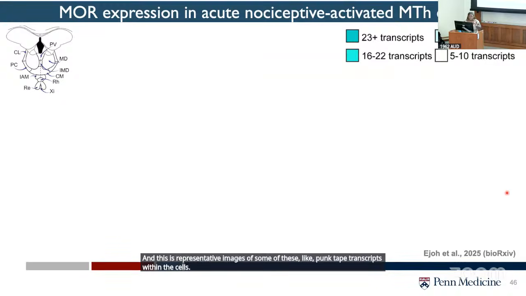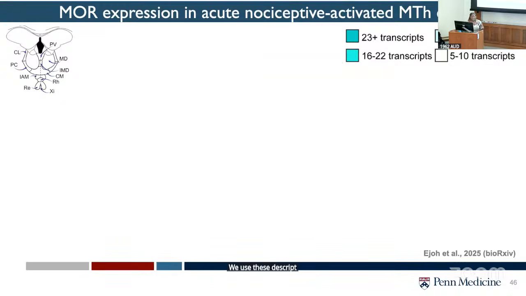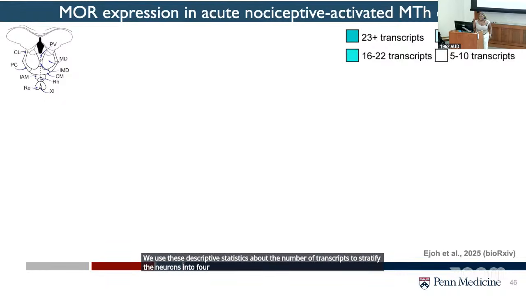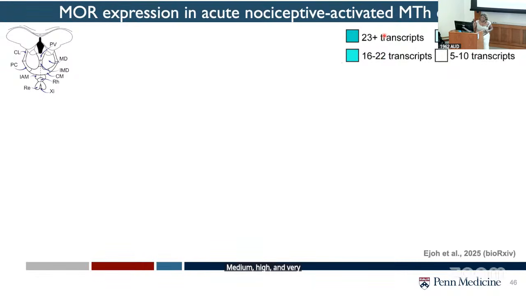We used these descriptive statistics about the number of transcripts to stratify the neurons into 4 different groups. So now we have OPRM1 expressing groups: low expressors, medium, high, and very high expressing cells.